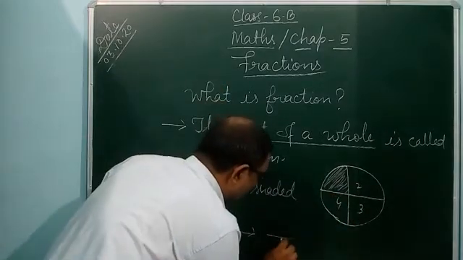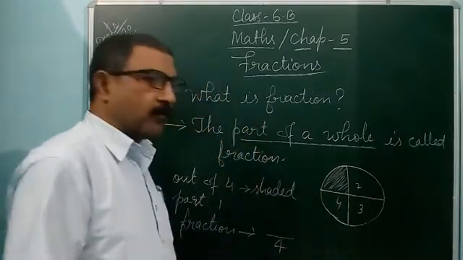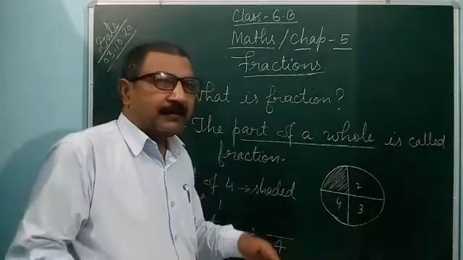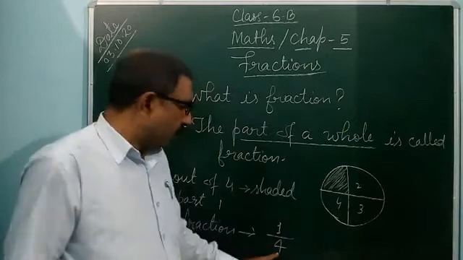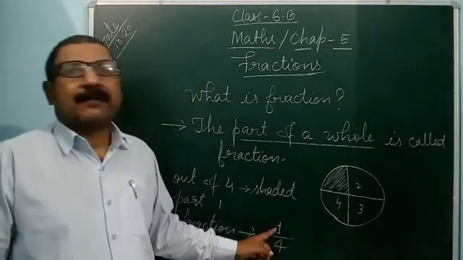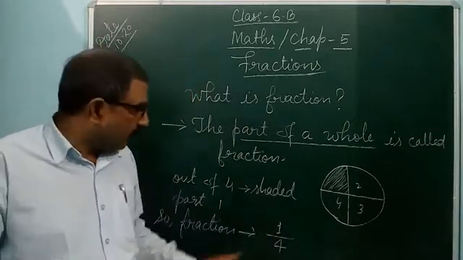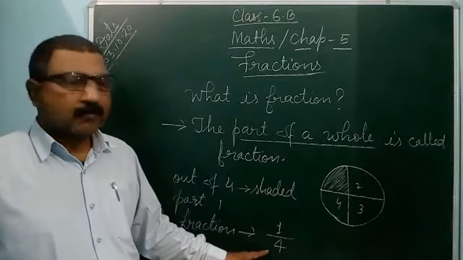Out of 4, how many parts have been shaded? 1 part. So out of 4, 1 part has been shaded. It means the fraction will be 1 by 4.